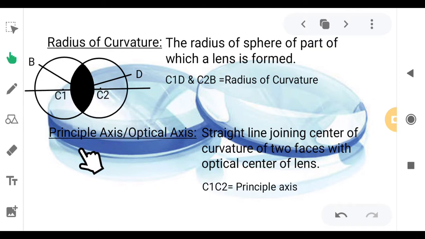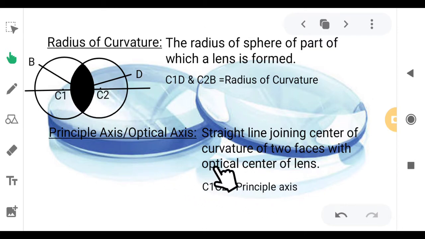So this is called principal axis or optical axis. Here C1 and C2, this line is called the principal axis.